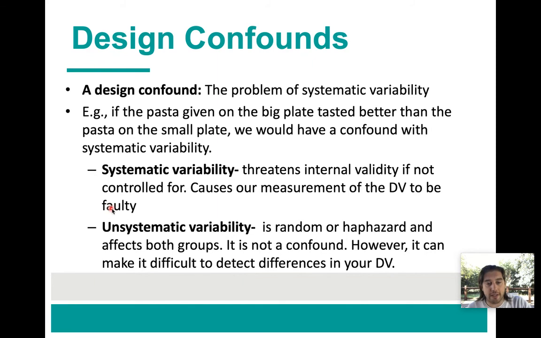We will always have random variability or unsystematic variability because humans are messy. Psychology studies human behavior. Human behavior is messy. So it's always going to happen. You try to keep it to a minimum. There are some things you can do to help with unsystematic variability, like pre-screening your participants, giving them some behavioral guidelines leading up to the experiment, things like that.